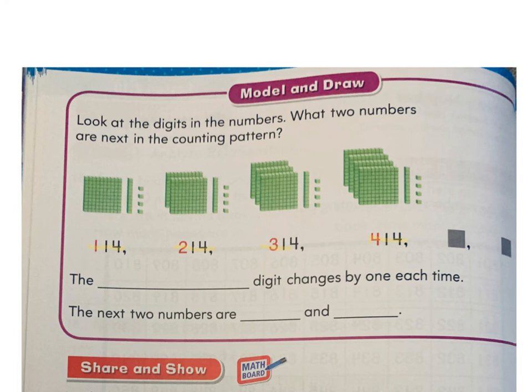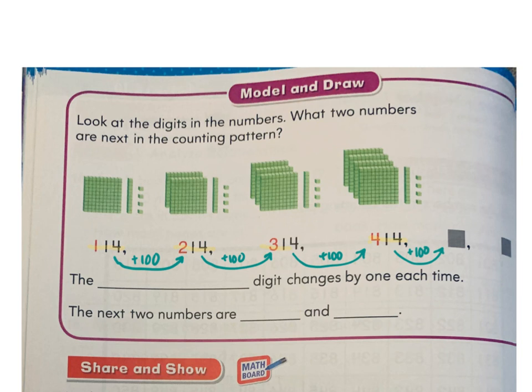So first let's see, how does this pattern change? What are we adding each time? Each time we are adding 100, plus 100, plus 100. So that means only the hundreds place is changing.